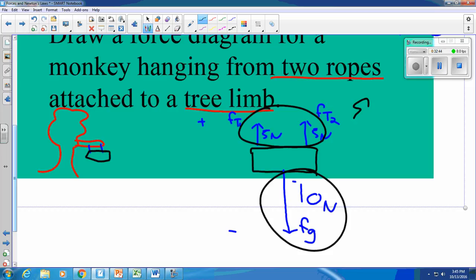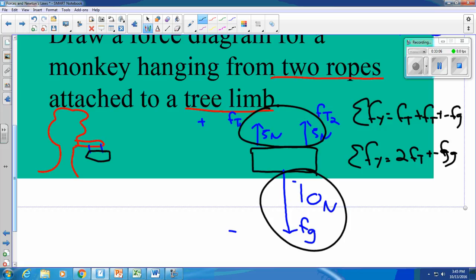If we get to that point, force in the y direction is going to be force of tension in the first string plus force of tension in the second string plus a negative force of gravity. That really means the total force in the y direction is 2 times the force of tension in the string plus negative force of gravity.